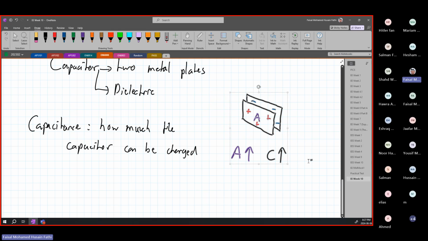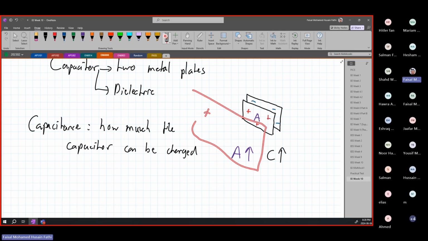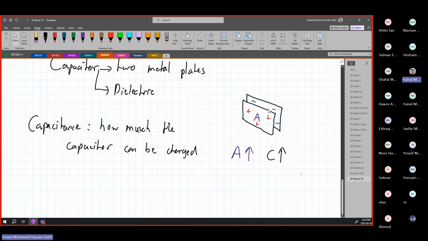The more area you have, the larger the size will be. When you make it much larger, you're going to have much more positively charged areas and much more negatively charged areas on the other side. So there will be more forces or more electrostatic force, meaning there is more possibility of storage.